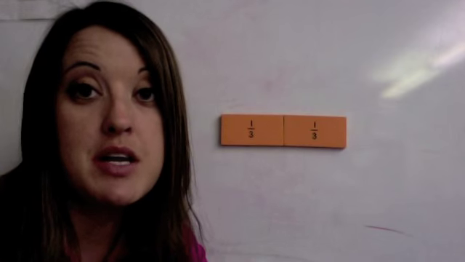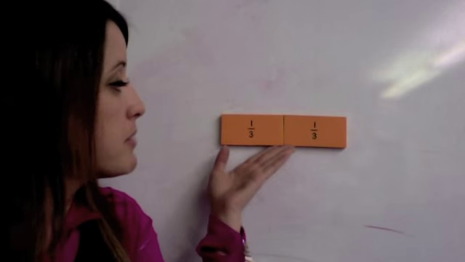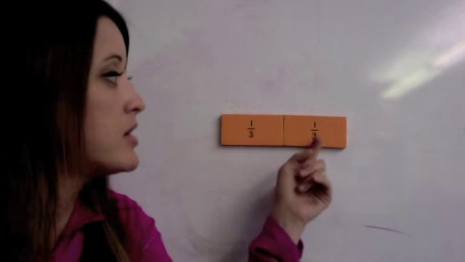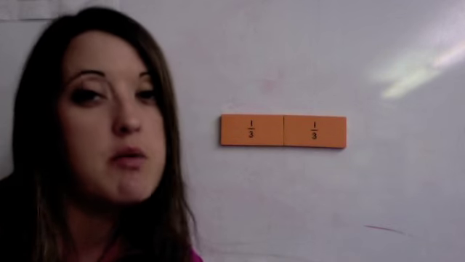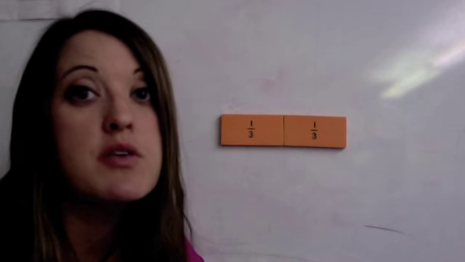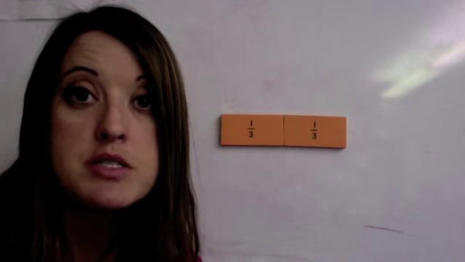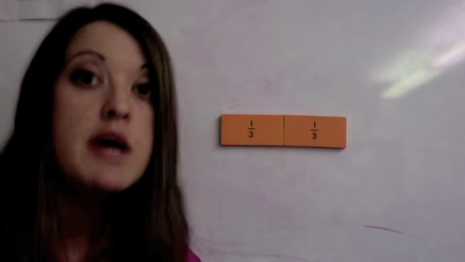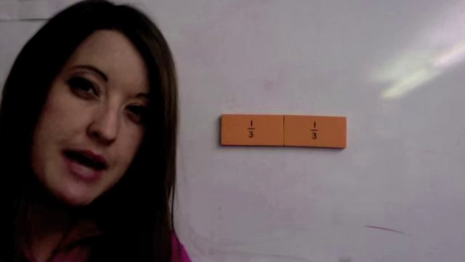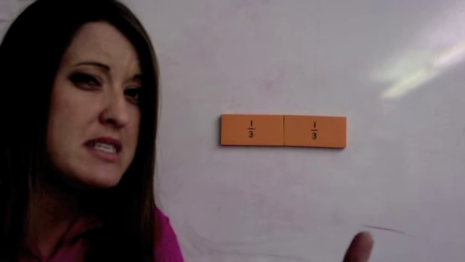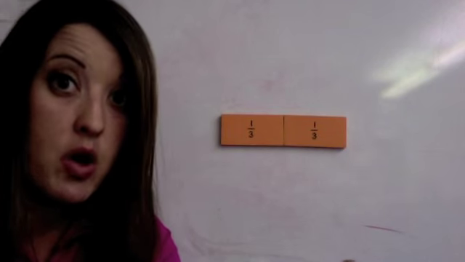All right, let's take a look at another part. Up here on my board I have 1/3 and another 1/3. Now when we're talking about thirds, we know that there needs to be 3 equal parts in order to be a whole. So let's count and see how many thirds I have, and then think about what I need to add to make this a whole.